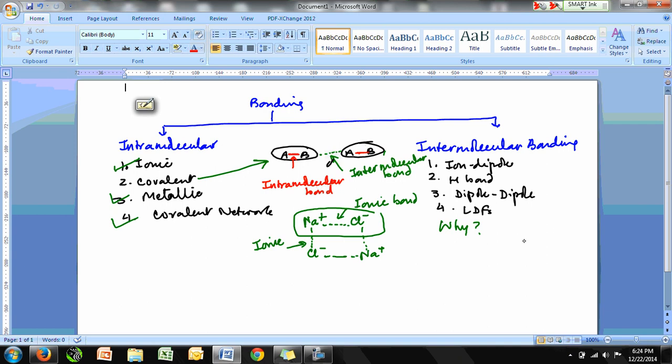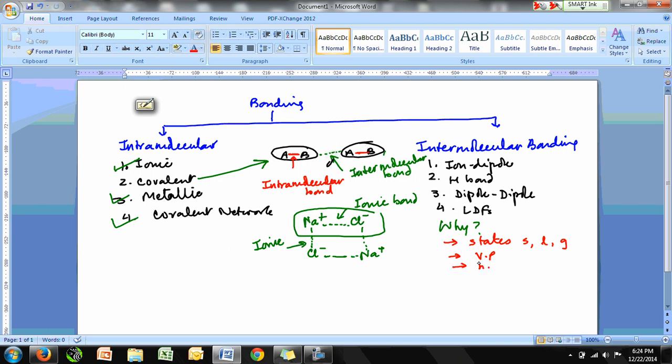Intermolecular bonds, even though they are weaker, still control a lot of properties of a substance, such as their states. Are they going to be solids, liquids, or gases? Solids will have the strongest intermolecular forces, followed by liquids, followed by gases. They also determine the vapor pressure of a liquid, and the stronger the intermolecular force, the lower the vapor pressure.